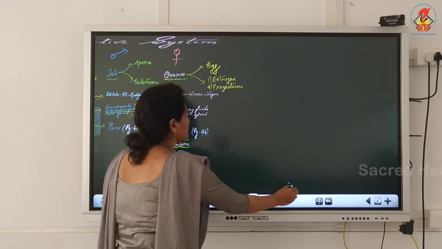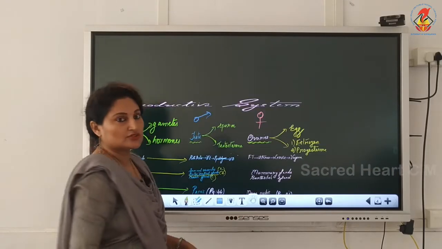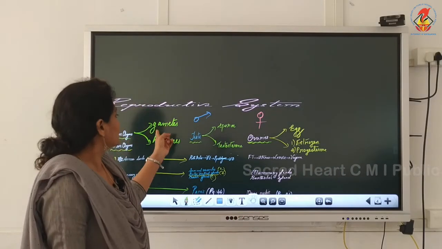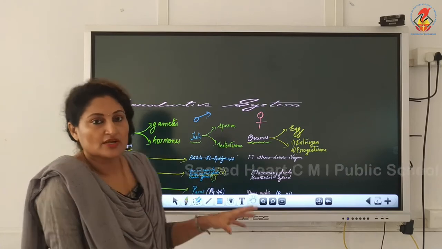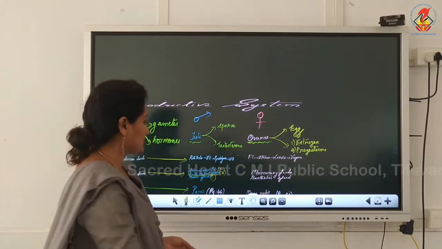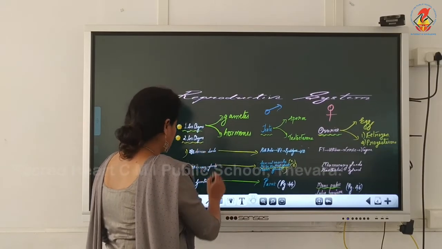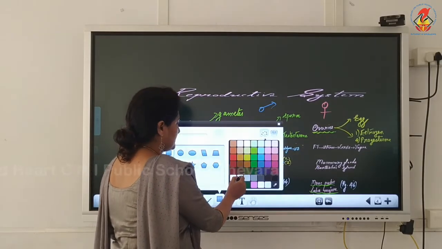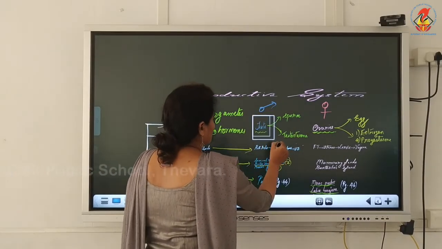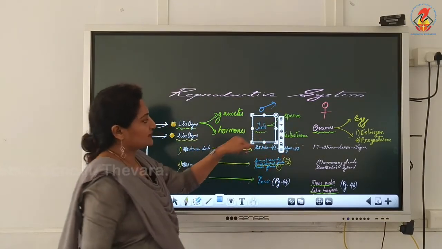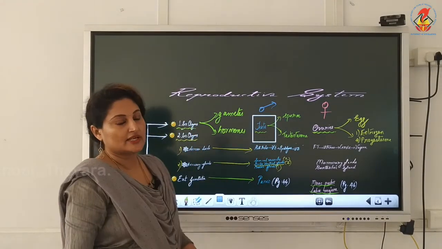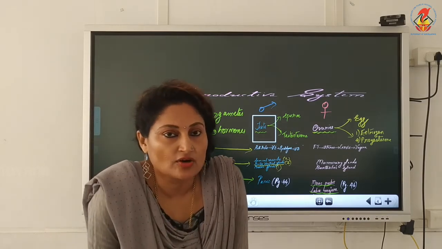Now, in the next video we are going into the details of the cross section of the testis and the ovaries. But before that we have to know the location of the testis and the ovaries. Where are the testis and the ovaries located? Now the testis is located outside the abdomen in a sac called the scrotum.